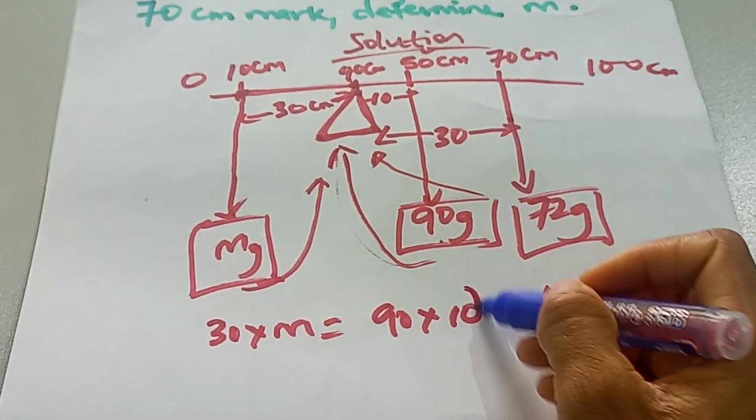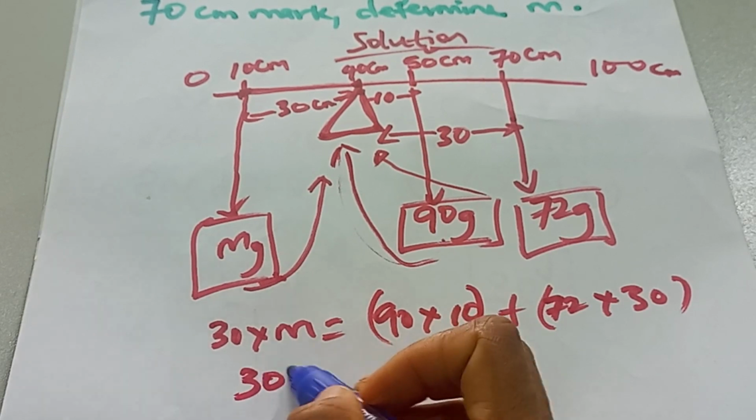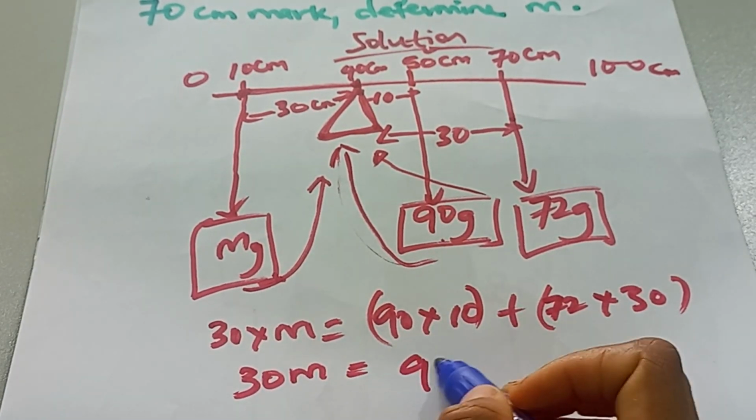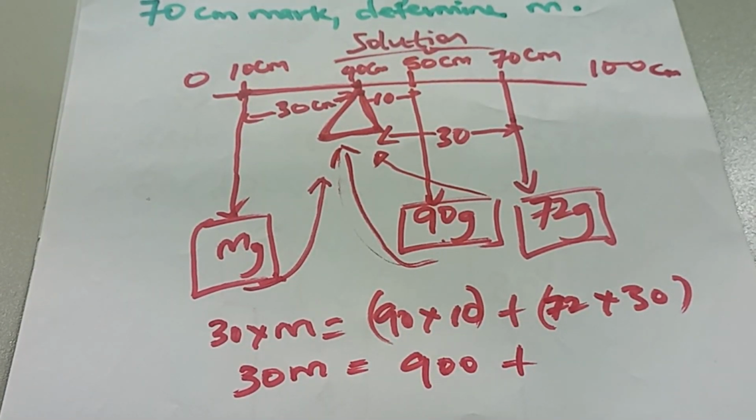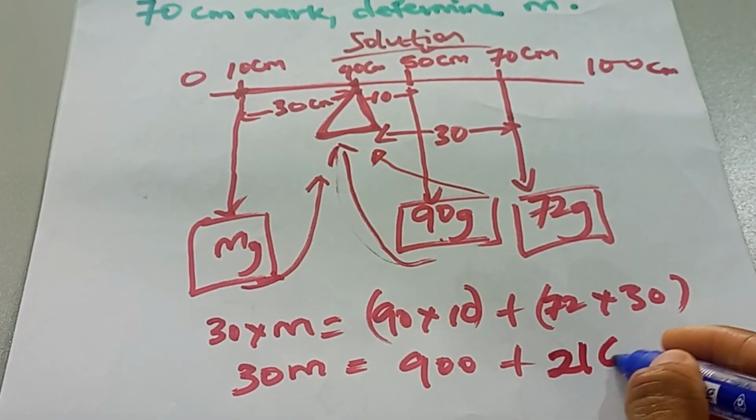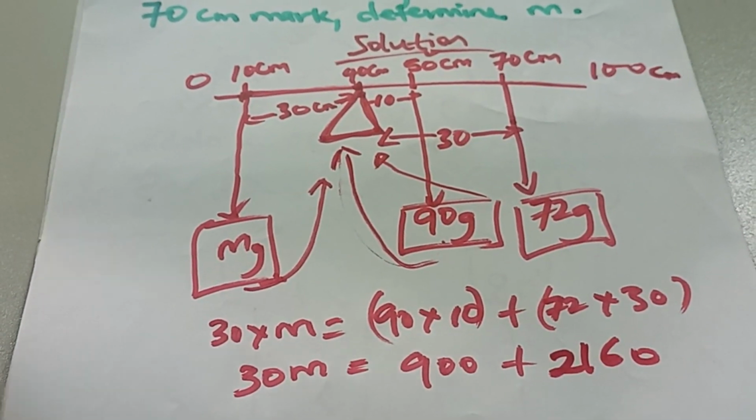Good, very very important. So we have that 30m is equal to 900 plus 72 times 30, that will give us 2160.